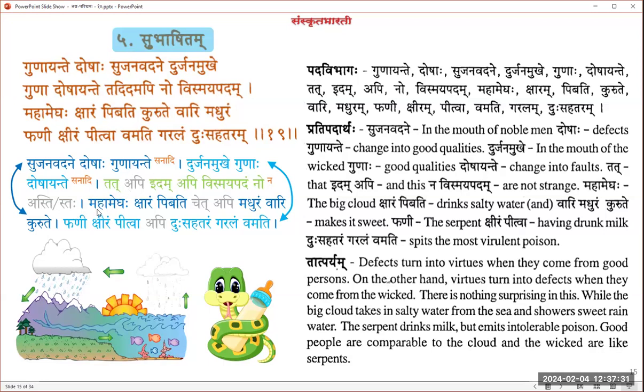Okay? Fine. Mahamegah ksharam pibati chedapi maduram vari kurute. Vari is jalam only. Okay, maduram vari kurute. Okay, fine. Phani kshiram pitva api dussahataram garalam vamati. Garalam is poison. Okay, vamati.